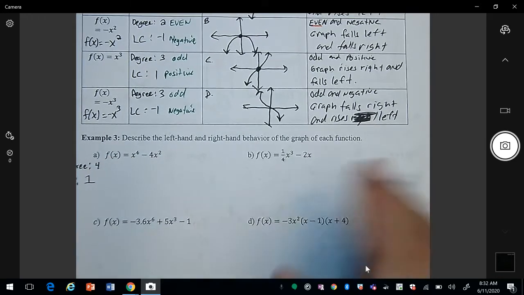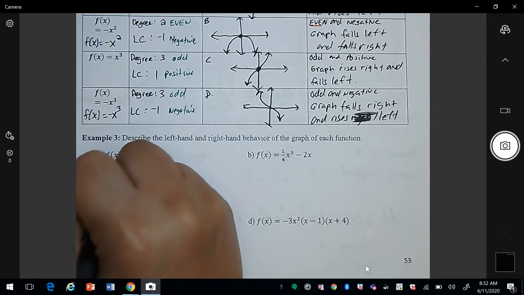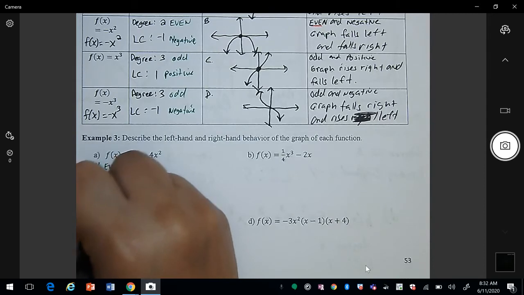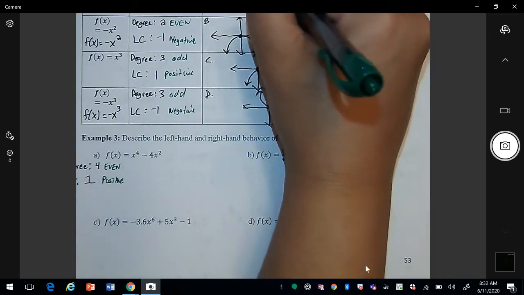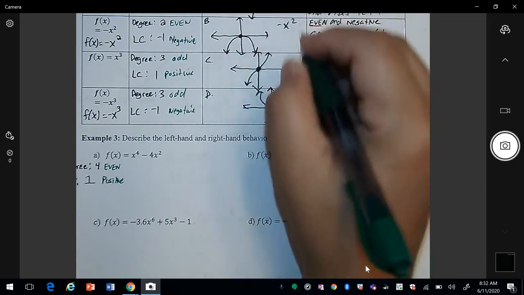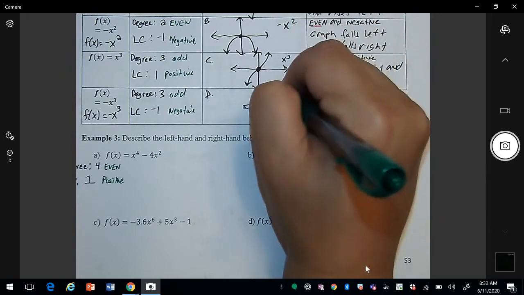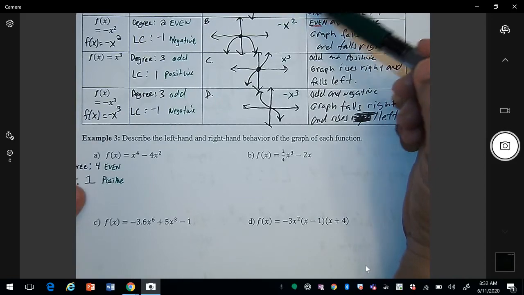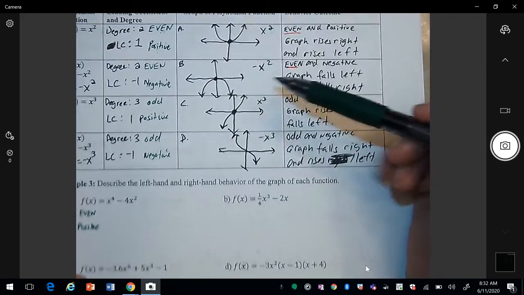And so then we ask ourselves, our degree here is even and our leading coefficient is positive. And so you want to think about which graph does this remind you of, or you can look at the statements here. So if we look at these, our degree is even, so that means that this graph and this graph are not going to be in our solution.